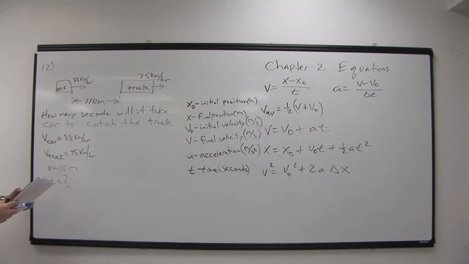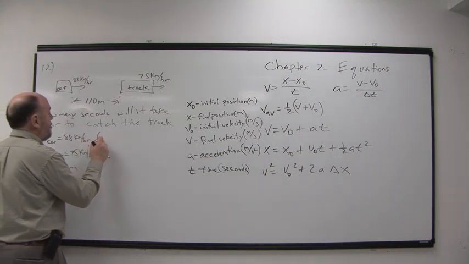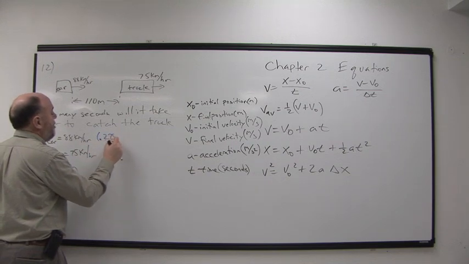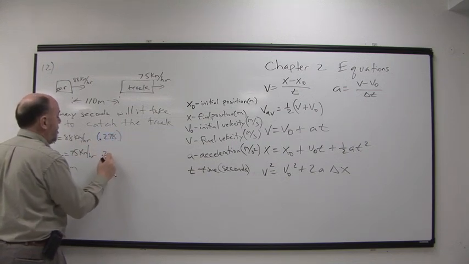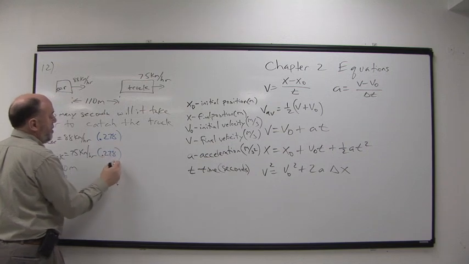From the handout with the page of conversion factors, we find that the conversion factor here is to multiply by 0.278.